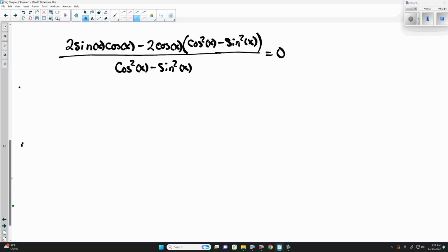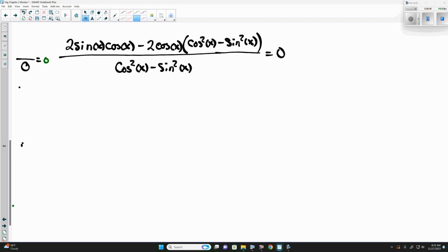Now, luckily, the denominator is going to get a little bit simpler because whenever we look at a fraction and we're trying to solve for what is going to make it equal 0, one thing that is nice is that if the denominator is 0, it means nothing, it's undefined.